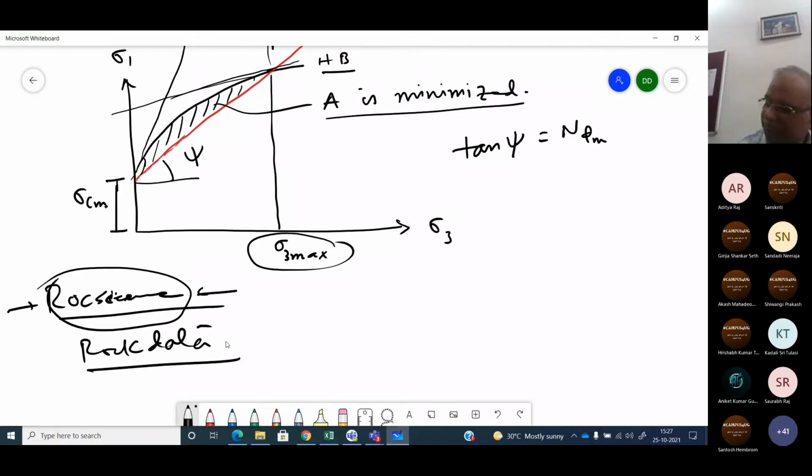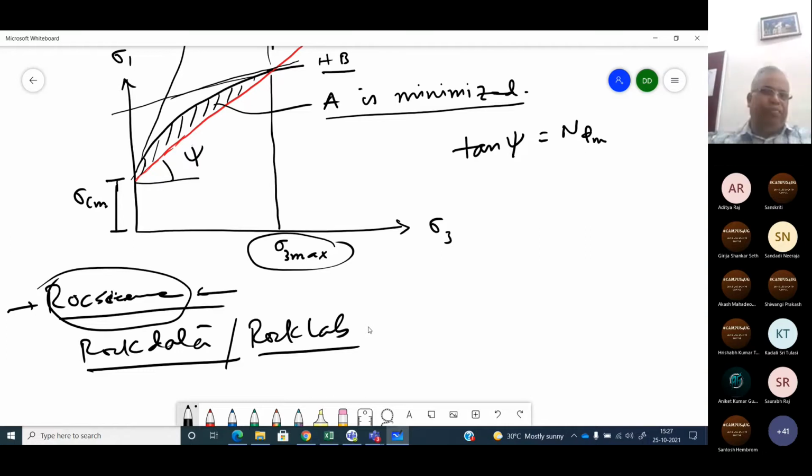They convert laboratory data to rock mass data. The software name is RocData or RocLab, I think. Either of these two, and they use these formulas. It's just 4 or 5 formulas, that's it. Nothing much.